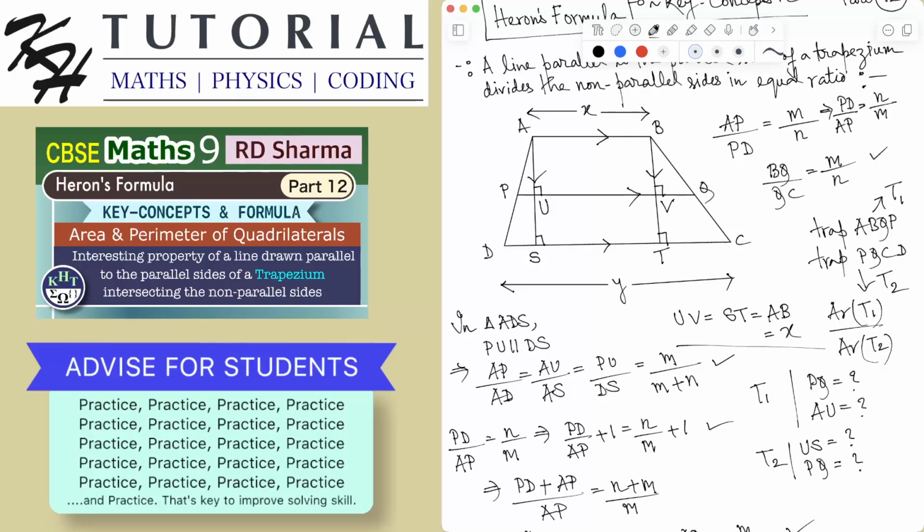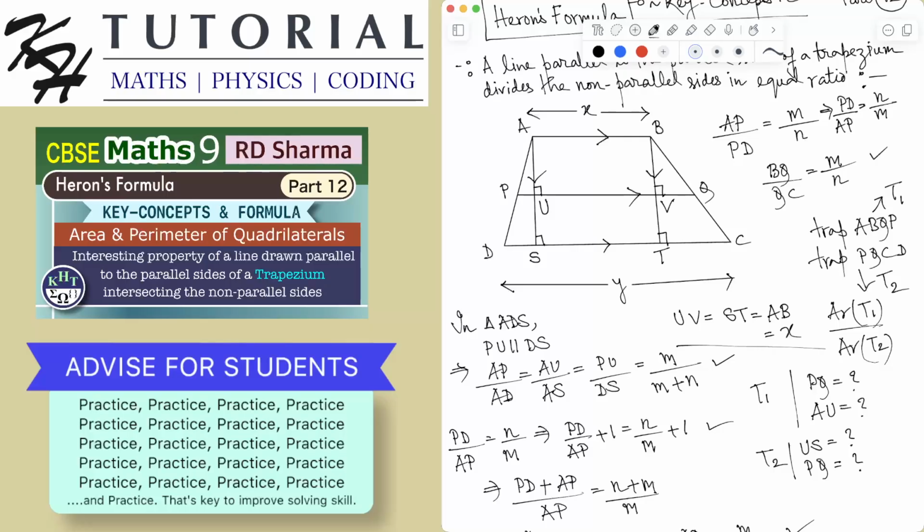That ratio is in terms of m and n, but the sum of the parallel sides of the trapezium T1 is AB plus PQ, and the sum of the parallel sides of the original trapezium is AB plus DC.